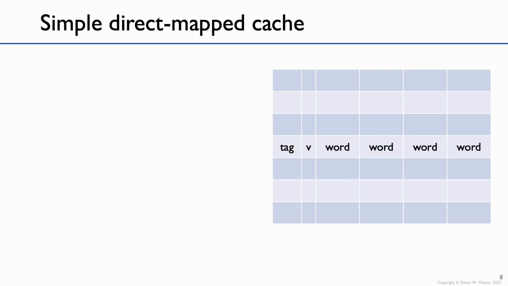So in this figure we have a simple direct mapped cache, which is basically an SRAM block that contains a tag, a valid bit, and 4 words of data, if you like, as the columns in the SRAM, and then the rows are every entry in the SRAM.